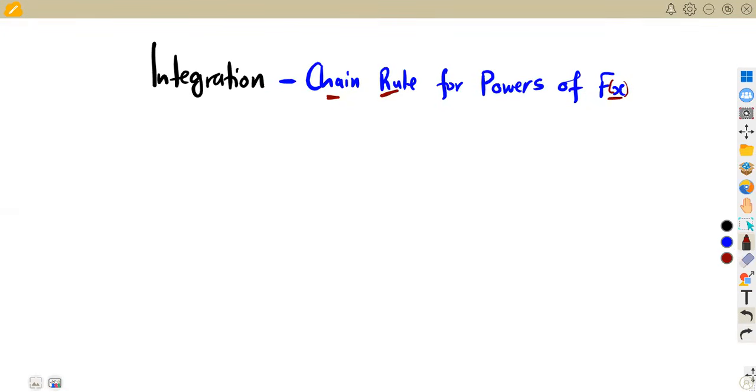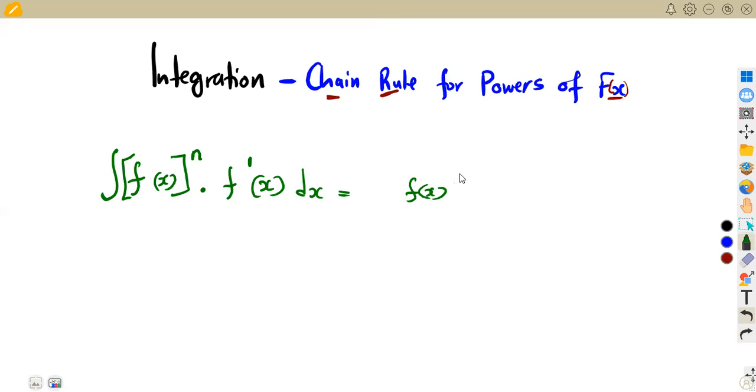All right, we have another special type of integral that applies this chain rule concept, which states that if you are given the integral of f of x raised to the exponent of n, multiplied by its first derivative with respect to x, this is supposed to be equal to f of x to the exponent of, take note, we are going to integrate this, n plus 1 over n plus 1.